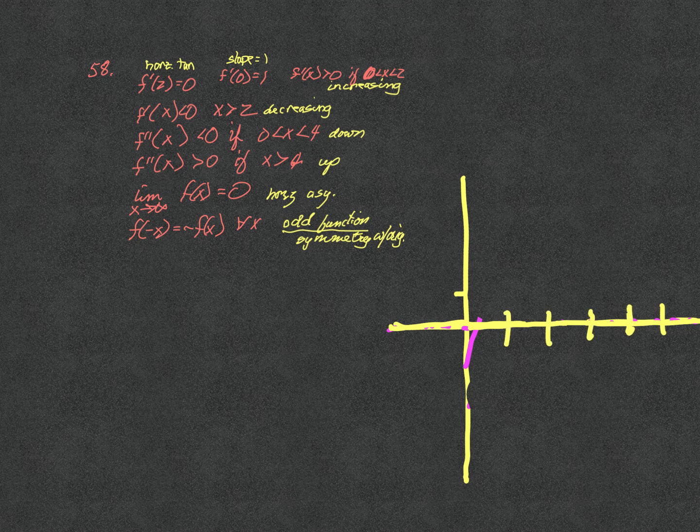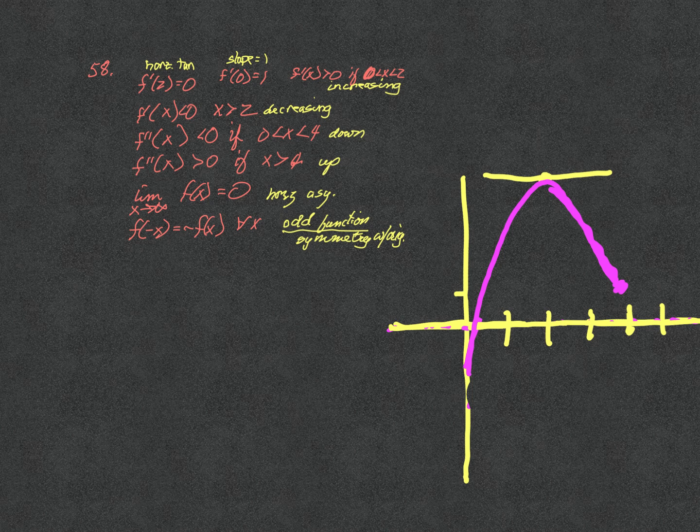So 1, 2, 3, 4. Okay, so somewhere at 2, we have a horizontal tangent. We know that the graph is increasing and concave down, then it's decreasing, and somewhere at 4, it switches from concave down to concave up.